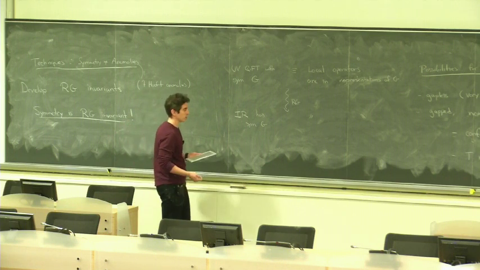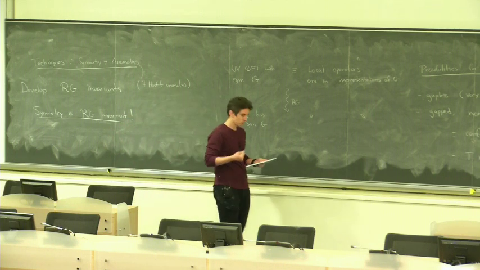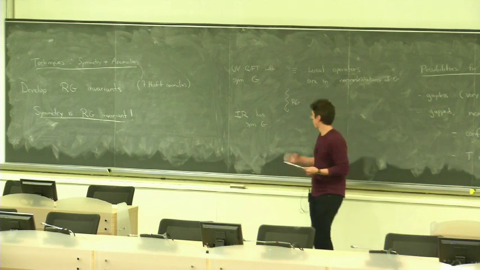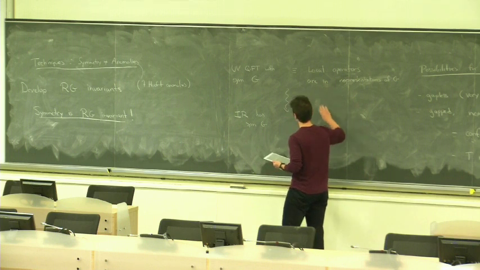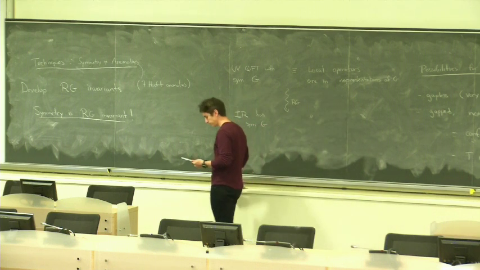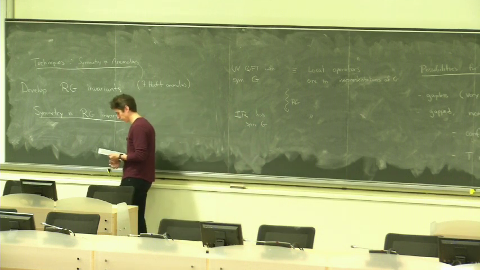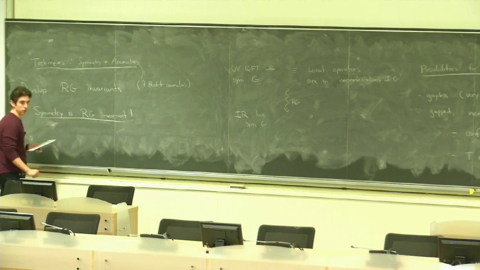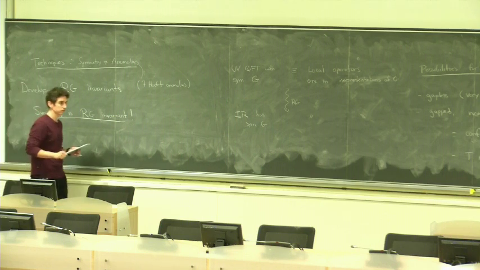So the IR Hilbert space in infinite spatial volume may spontaneously break a given global symmetry, but always, always, always, the local operators stay in representations of the global symmetry.